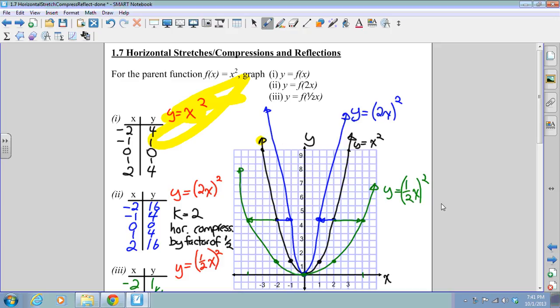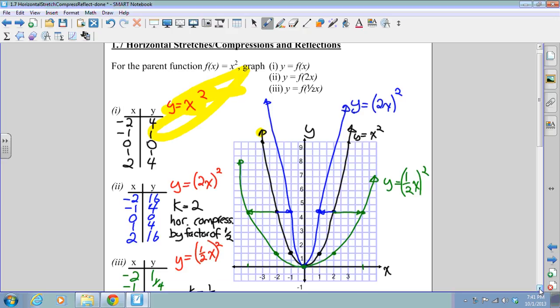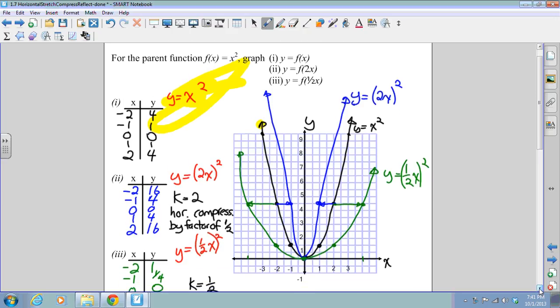Now for the second one, notice, ladies and gentlemen, that we have 2x all raised to the power of 2. So in this case, guys, k equals 2. What has happened is instead of the point being here, notice that it's half as much in.